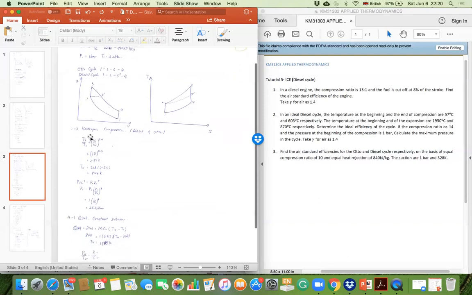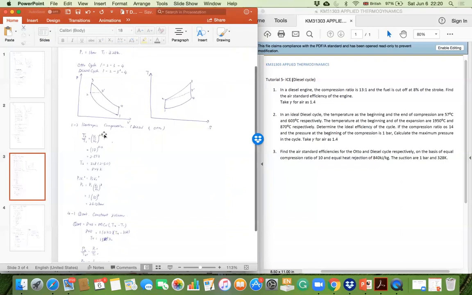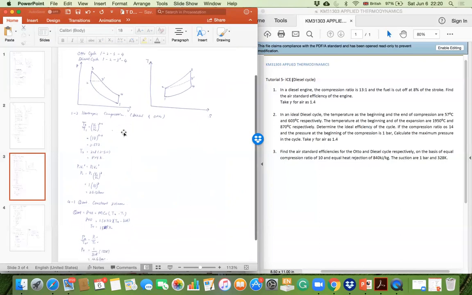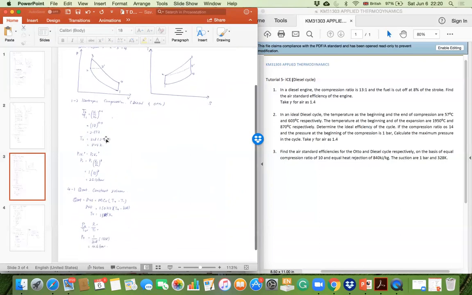In this case, we have to settle it step by step. You can see that 1 to 2 is the same for both, so we can use the isentropic compression equation. That means we have the same value of T2 and the same value of P2.